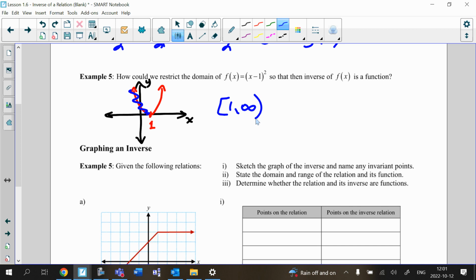Fix that. Because I can't say function, because I don't know if it's a function when I find the inverse. And then we want to determine whether the relation and its inverse are actual functions.